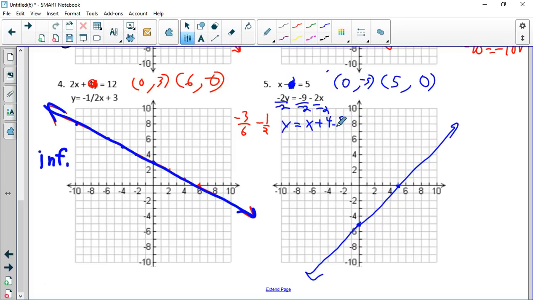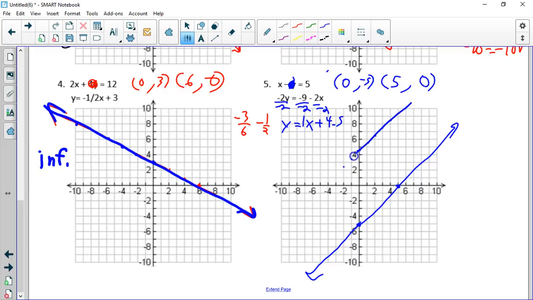So, again, this is one of those ones where it's kind of inaccurate because you have to start not at 4, not at 5, you're starting in between at 4.5. But the nice thing about this one is we know the slope is 1. So that means I'm going to go up 1, right 1, and it's going to be in between. And down 1, left 1, that's going to be in between.